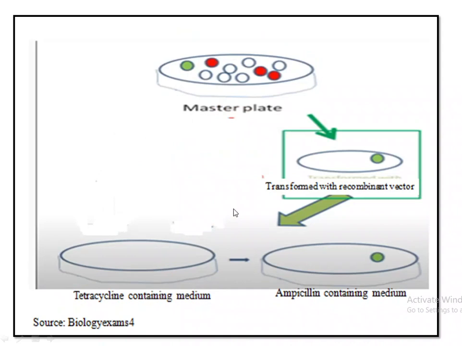However, the colony which has been transformed with the recombinant vector will not be able to grow on a medium containing tetracycline, but it will grow on the ampicillin-containing medium. So this process of selection is called insertional inactivation. As we can very easily select these colonies, this is the fifth step of recombinant DNA technology.